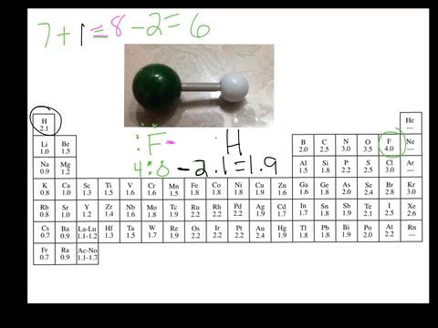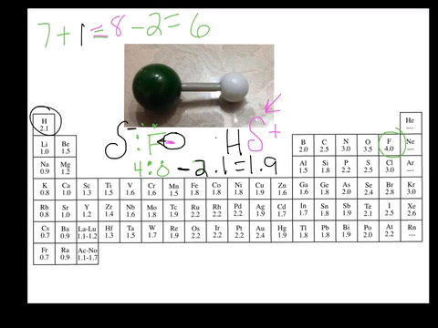Now, what you've got to remember is that these electrons, as they slide this way, take their negative charge with them. So that's going to make this end of our molecule a little bit negative, leaving the hydrogen side a little bit positive.